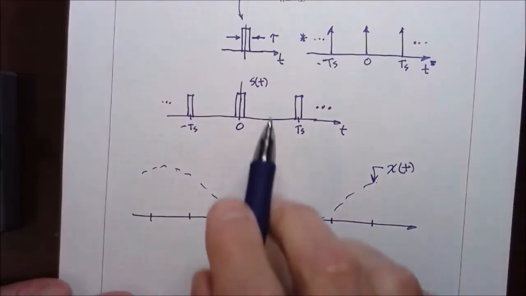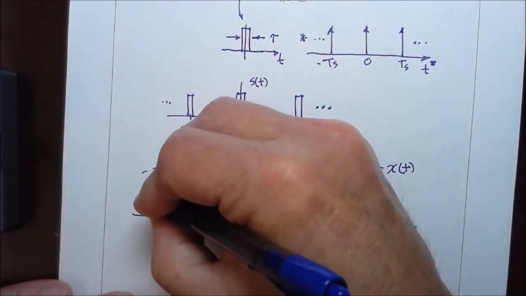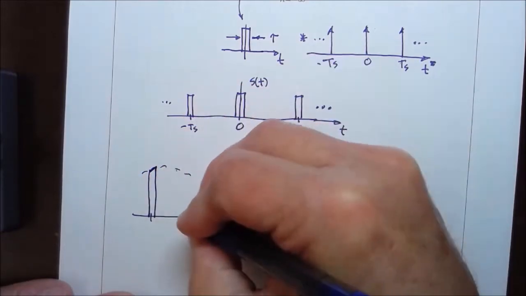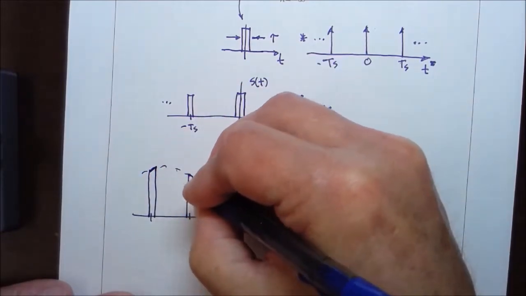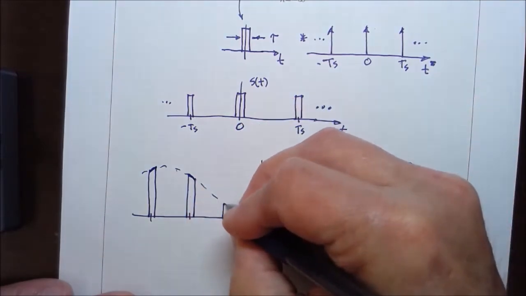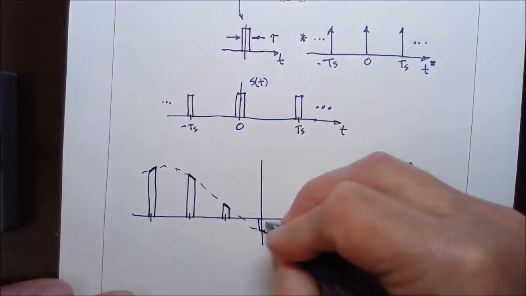So when we multiply this rectangle function by our message signal, what we get is a rectangle, and the top of the rectangle takes the shape of the message signal and is determined by the value of the message signal, and it's going to look something like this.